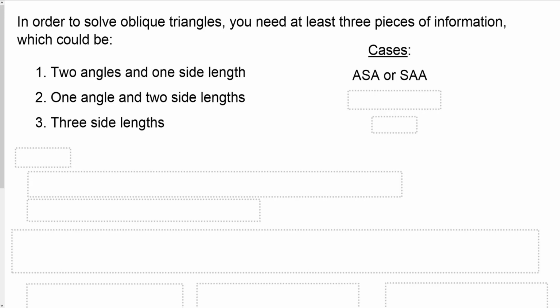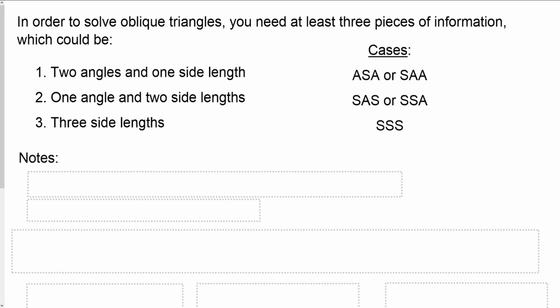Or side angle angle, SAA, means you know two angles and the side outside of those two. If you know one angle and two side lengths, you could be in the side angle side case, which means you know two sides and the angle in between, or the side side angle case, which means you know two sides and the angle after. Or you could know all three side lengths.